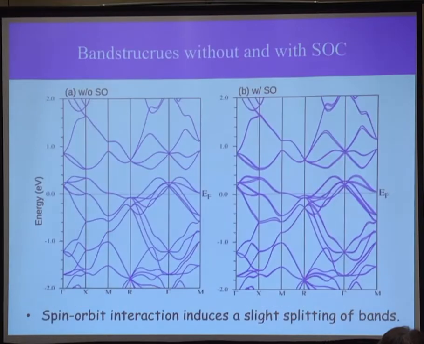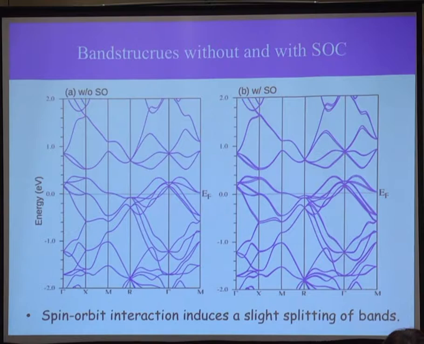On the other hand, without the spin orbit coupling, you use the results here. So essentially, you can see that the spin orbit coupling effect splits the bands, but the splitting effect is relatively minor, as you expected for magnesium. The spin orbit effect is relatively small.